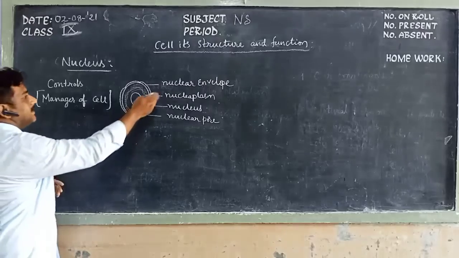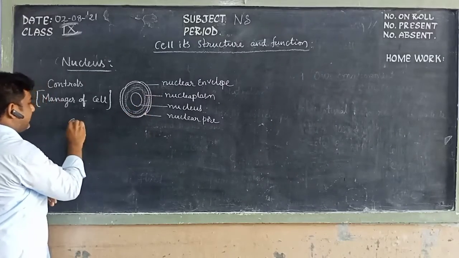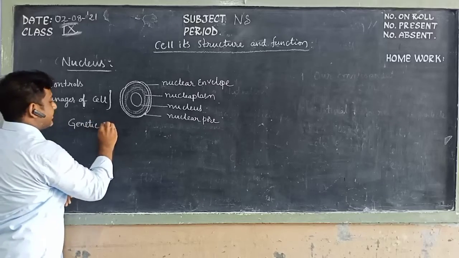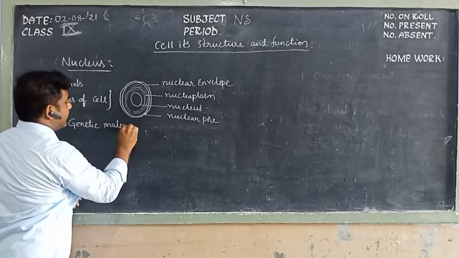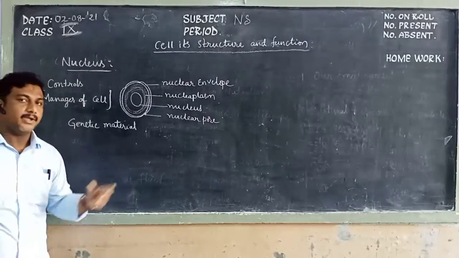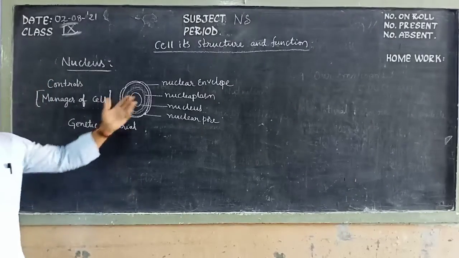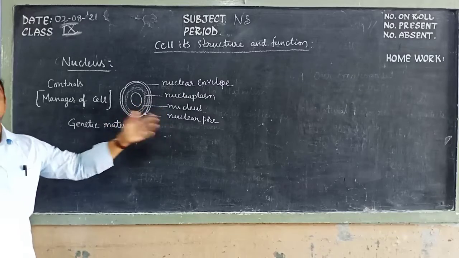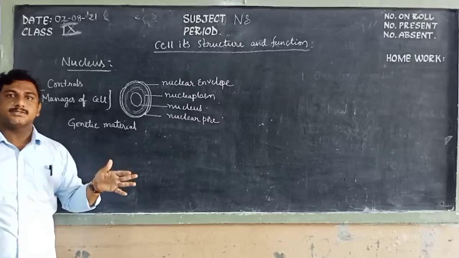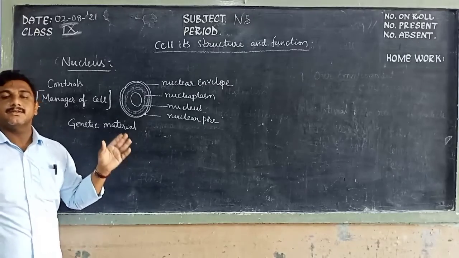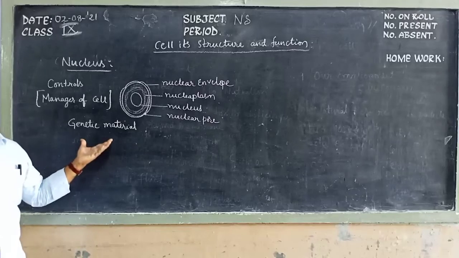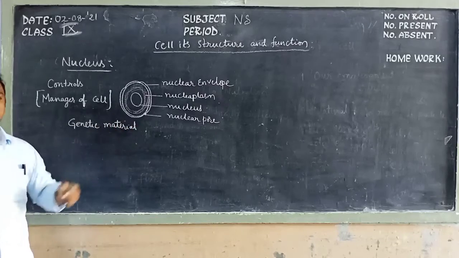Because the nucleus contains genetic material, which transfers from one generation to another. At the same time, it gives instructions to other cell organs. Just as our principal controls the whole school with a single word, in the same way this nucleus controls the other cell organs.